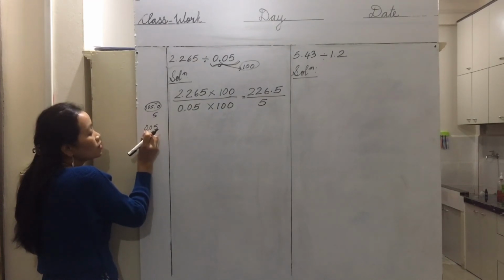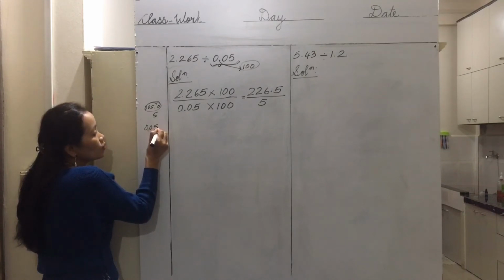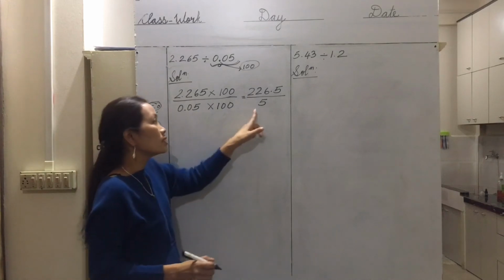If it moves 2 steps to the right, 1 2, we will have 005, which is the same with 5. That is why I'm writing only 5.